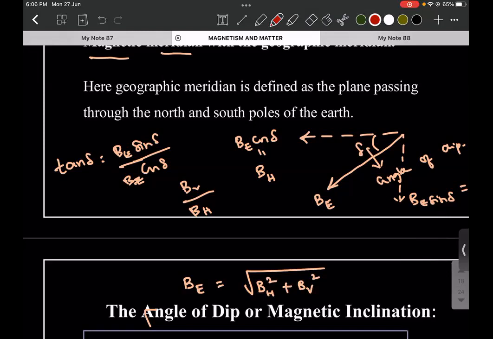Because what shape does it take? It takes the shape of a rectangle. So it's the parallelogram law: root of A square plus B square plus 2AB cos 90. So horizontal square plus vertical square. BH is the horizontal component, BV is the vertical component of Earth's magnetic field.